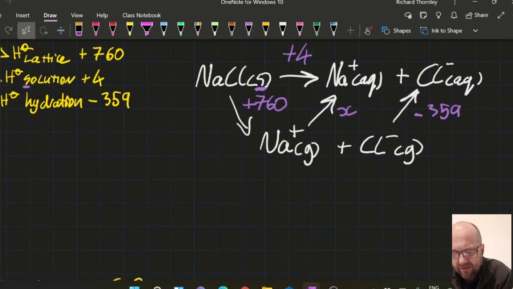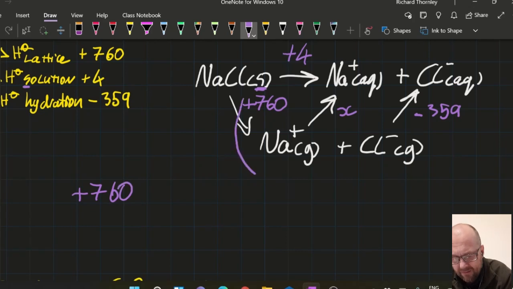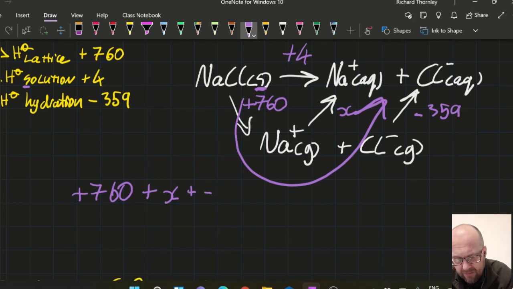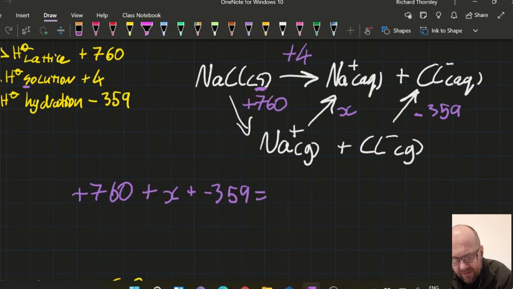So clockwise equals anti-clockwise. So I've got plus 760, these three here, plus X, plus minus 359. All of that equals the arrow going that way, which is plus 4.